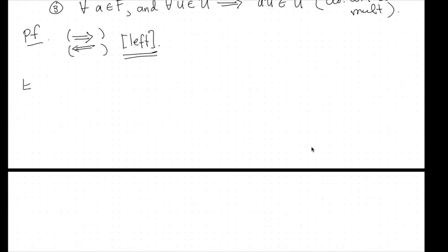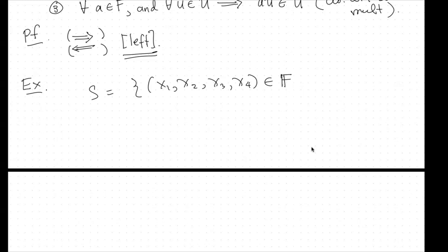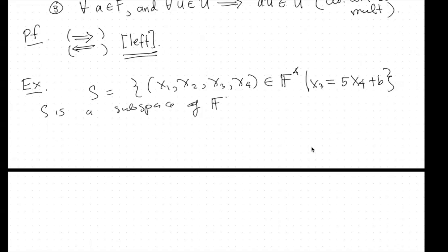Okay. As an example, let us name this set S. S is defined as x1, x2, x3, x4, an element of F to the fourth, where the condition is x3 equals 5 times x4 plus b. Then S is a subspace of F4 if and only if b is 0.